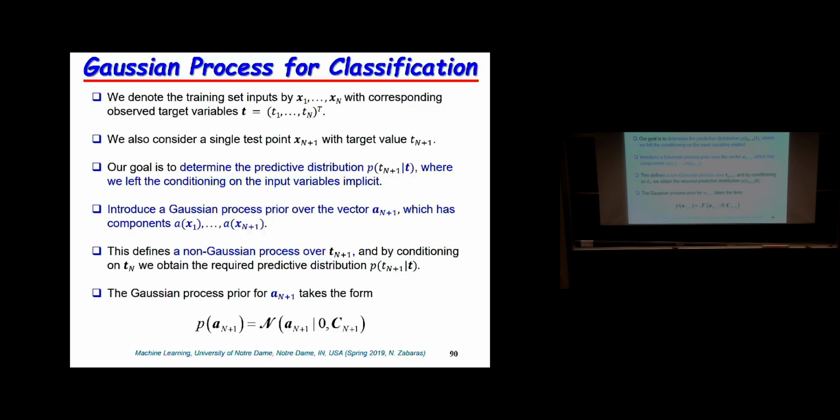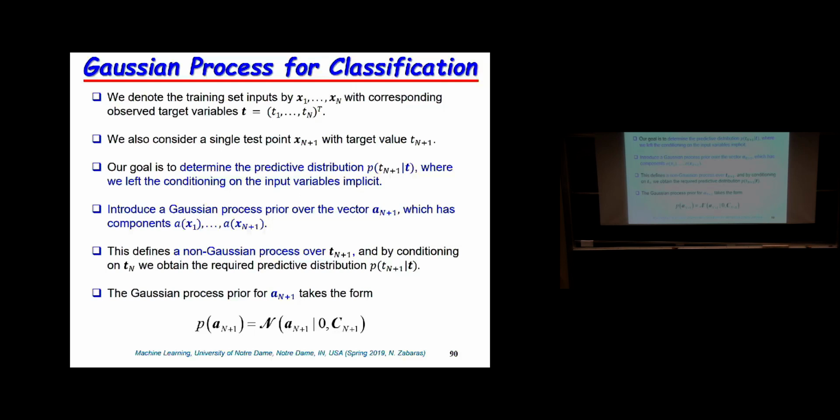So this is the training data. And here is what we need to do: we need to calculate this. We need to know, for a new point xn plus 1, to what class it belongs. So we need to produce a model for the probability of Tn plus 1 given the training data T. So remember, this is the objective, right? Once we do this, we're done, okay?